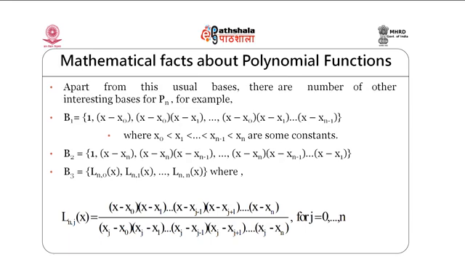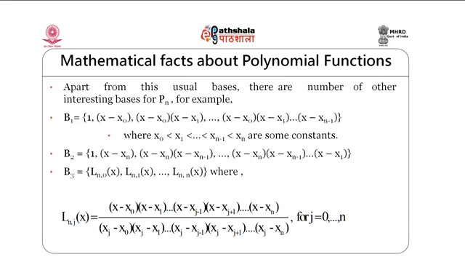So, L n j will give me the numerator as x minus x 0 into x minus x 1 and so on up to x minus x j minus 1, the x minus x j factor is dropped, and then x minus x j plus 1 up to x minus x n. In the denominator you are just repeating the numerator by replacing x by x j. So, the denominator will be x j minus x 0, x j minus x 1 up to x j minus x n. Naturally, x j minus x j cannot be a factor in the denominator, as it would be 0. Such functions also form a basis for P n.